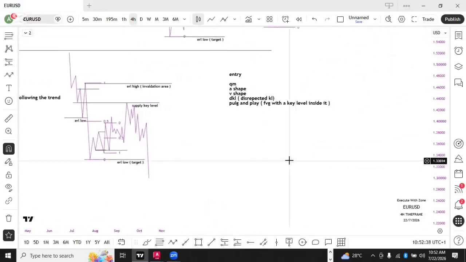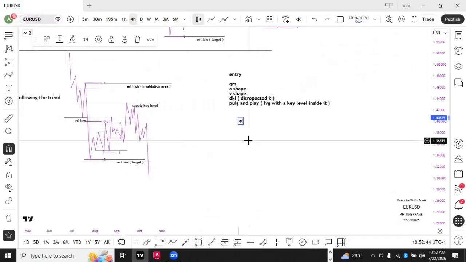So the rules I use, let me say entry rules. One, if you have both a fresh QM and apex, and what is apex? Apex is the A and V shape key level.